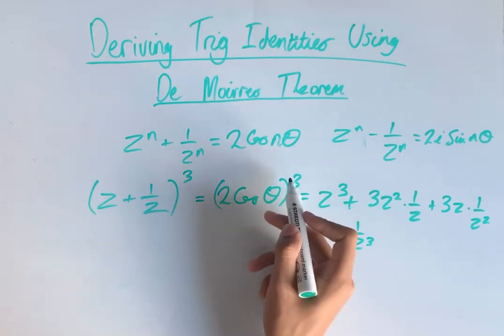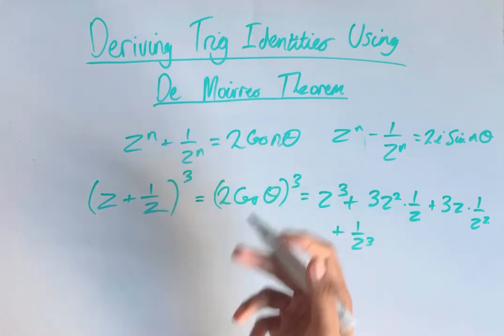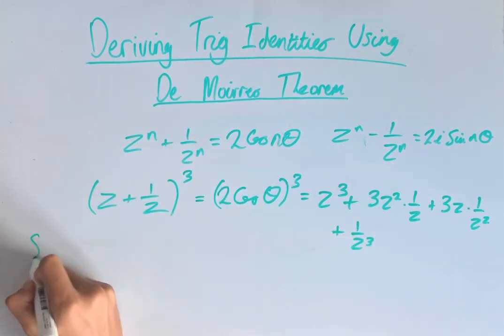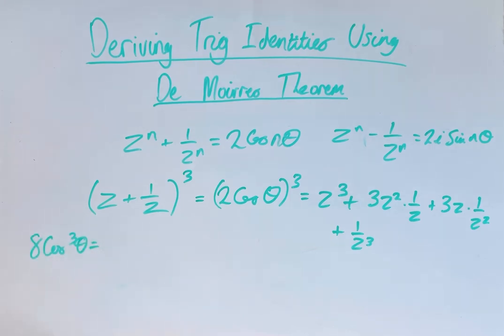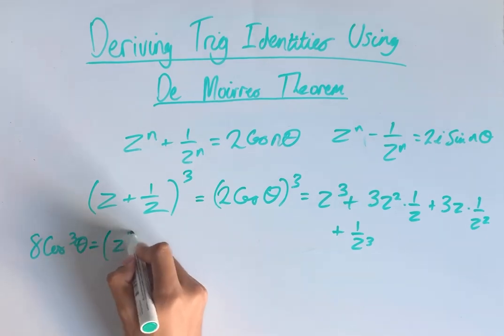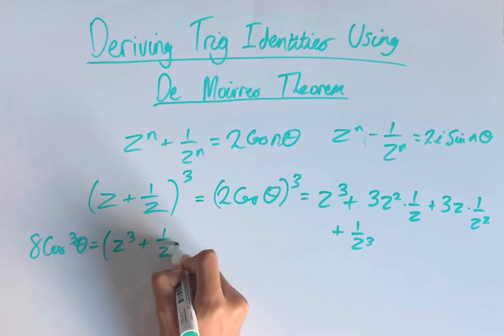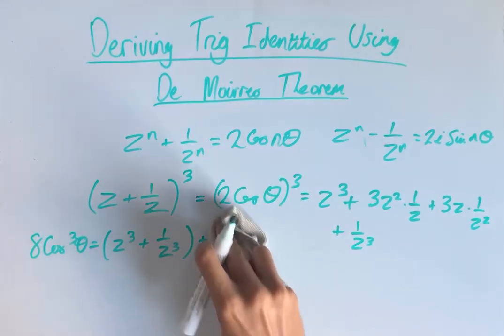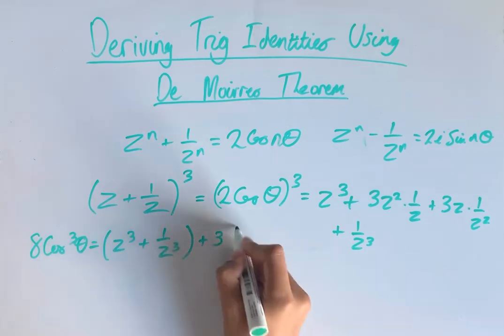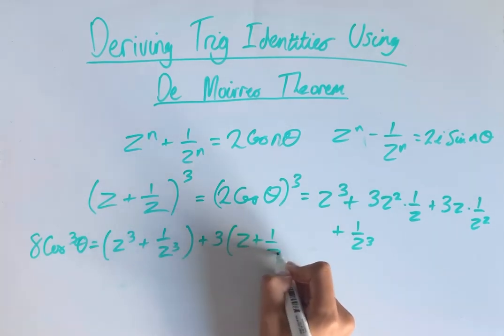So let's just simplify this. 2 cubed is 8, cos cubed is cos cubed. So that just gives us 8 cos cubed theta equals z cubed plus 1 over z cubed plus 3 times z plus 1 over z.